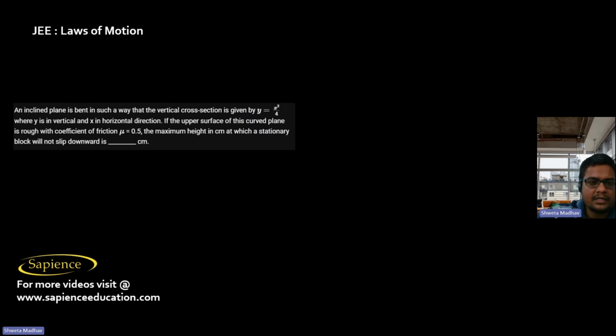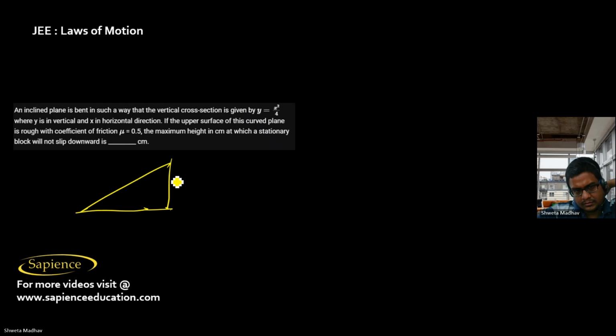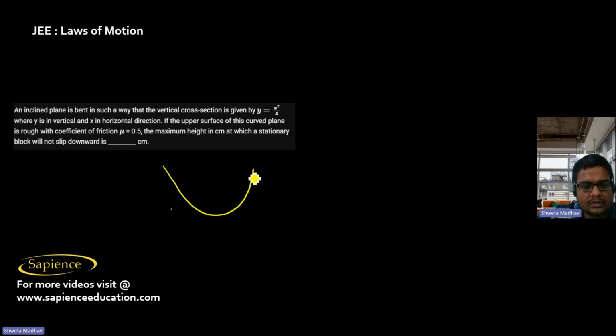Then here it is told an inclined plane is bent in such a way that the vertical cross section is given by y equal to x square by 4. Y equal to x square by 4 is somewhat like this.